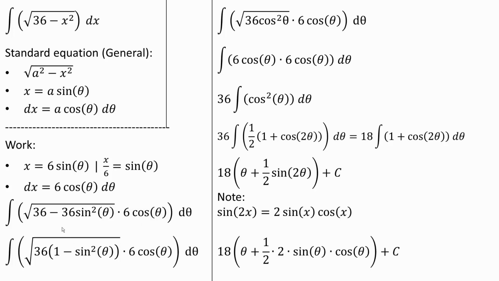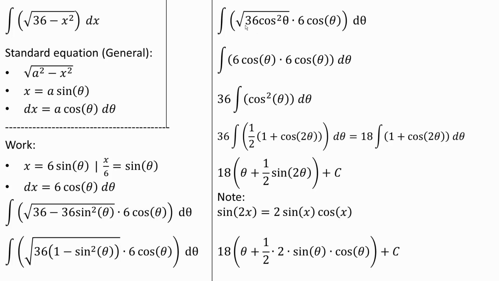Next, we can factor out a 36 for this piece right here. And we would get the square root of 36 parentheses 1 minus sine squared theta, close parentheses, times 6 cosine theta d theta. Now it's important to know our trig identities, because 1 minus sine squared theta is equal to cosine squared theta.